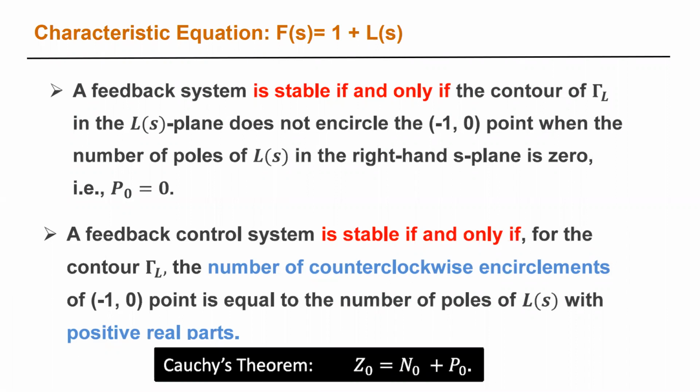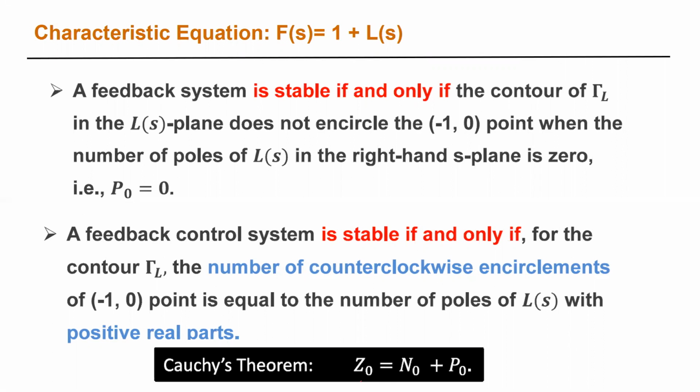Okay, so look, this is the theorem, the Cauchy theorem. A feedback control system is stable if and only if, for any contour in the S plane, the number of counterclockwise encirclements of the -1 point is equal to the number of poles with a positive real part.